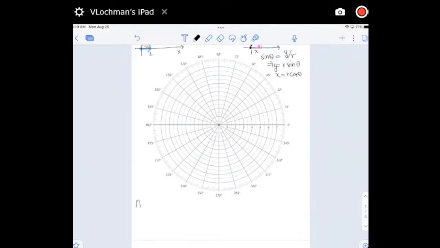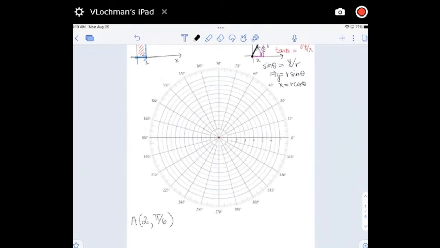My first point A is going to be 2 for r, pi over 6 for theta. Okay, so what am I doing? Okay, I'm going to find my angle pi over 6. Pi over 6 is what? It's 30 degrees, right? So let me go ahead and mark it here. This is my pi over 6. Okay, so that means this is where I am on this branch right here.